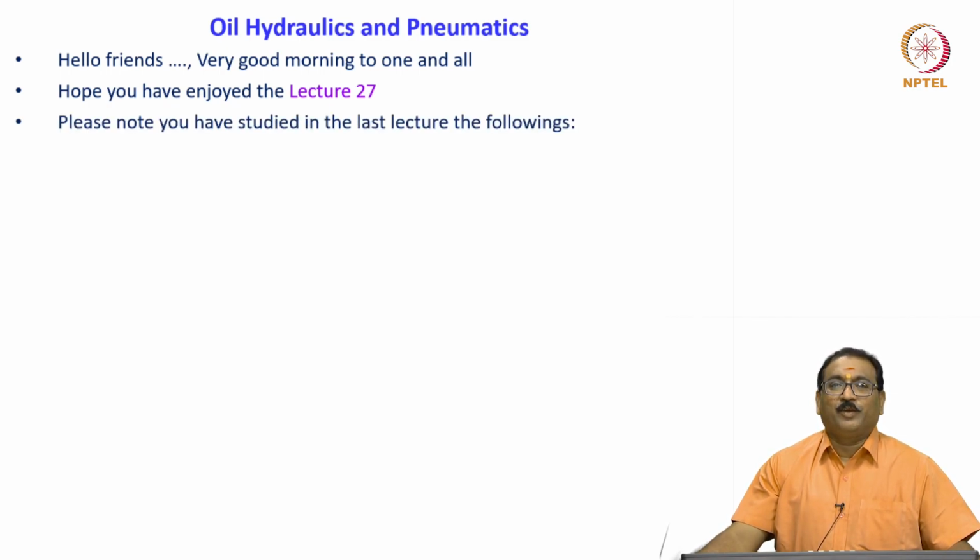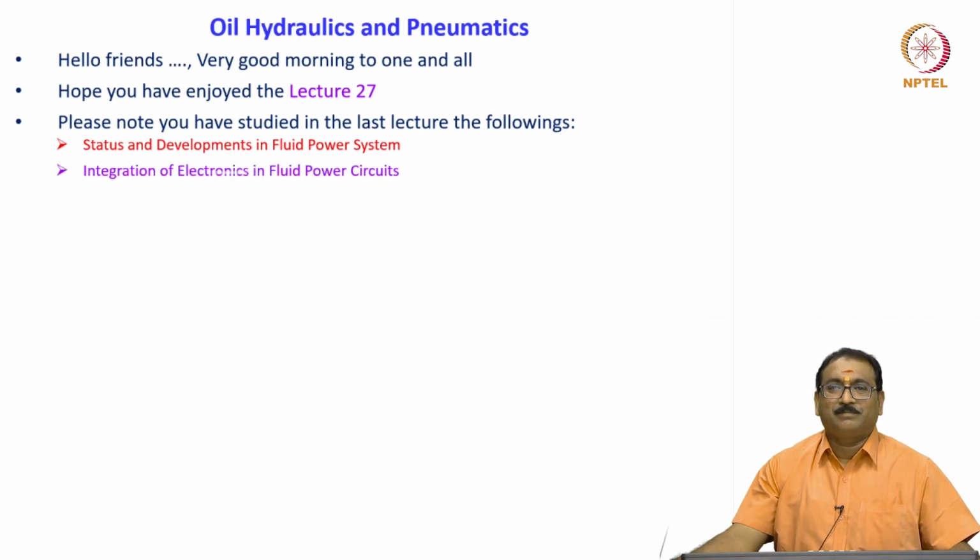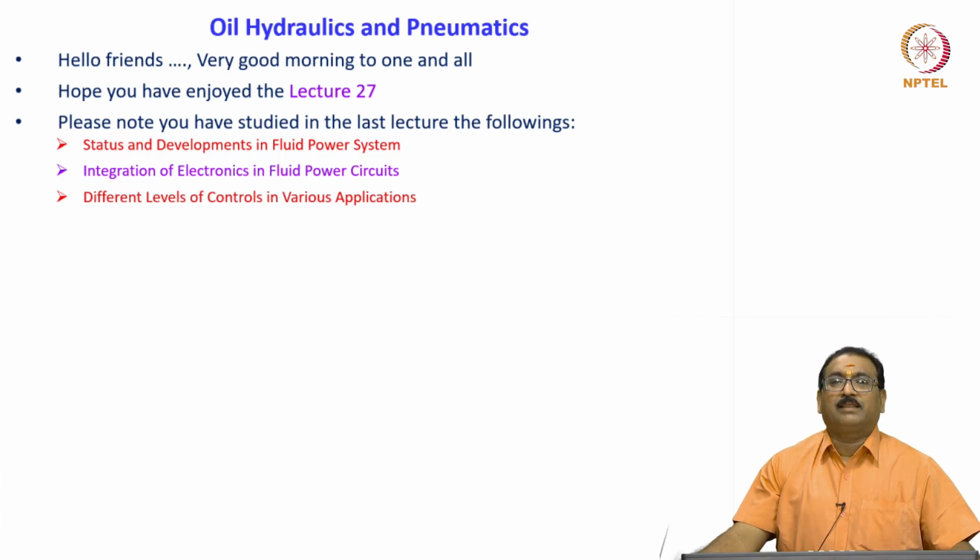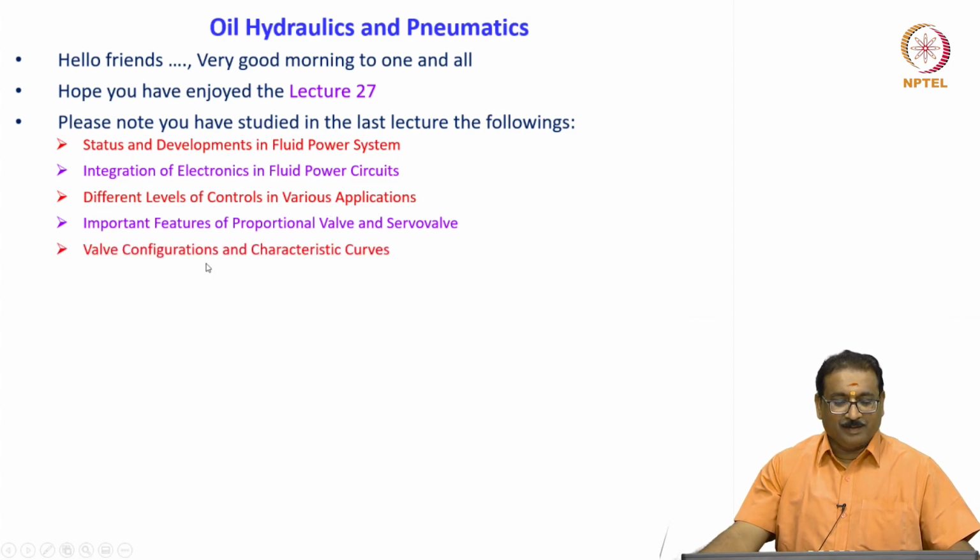Please note you have studied in the last lecture the following: status and development in fluid power system, integration of electronics in fluid power circuits, different levels of controls in various applications, important features of proportional valve and a servo valve, valve configurations and characteristic curves for the underlap valve, null cut valve, overlapped valve.